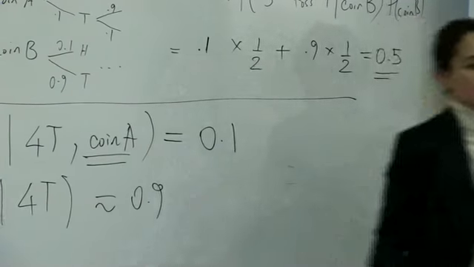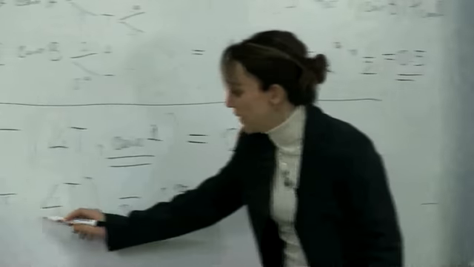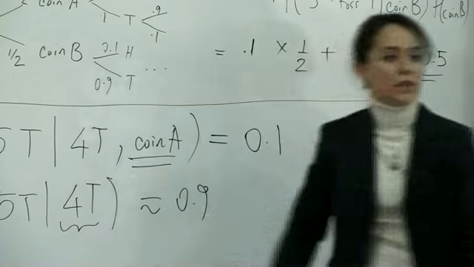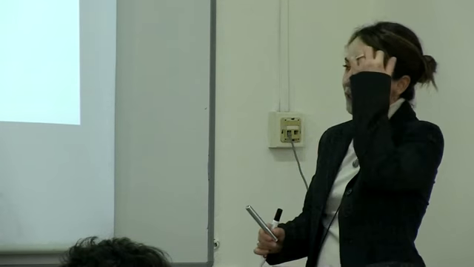That probability is fixed. When we're not given that it's coin A, then this carries information. So this is an example showing that things that are conditionally independent may become dependent when the conditioning is removed.